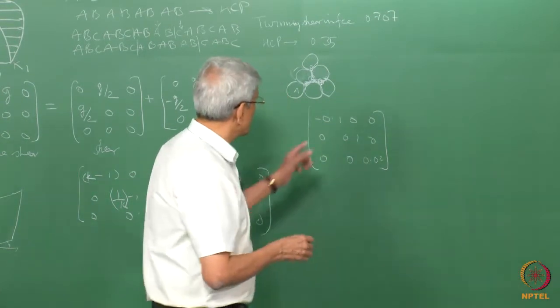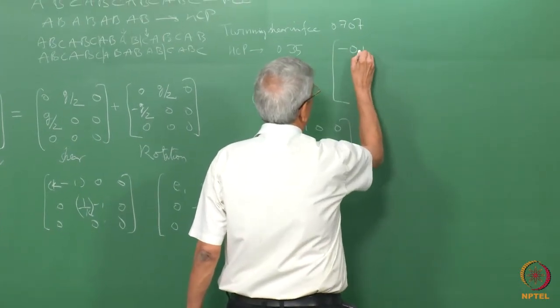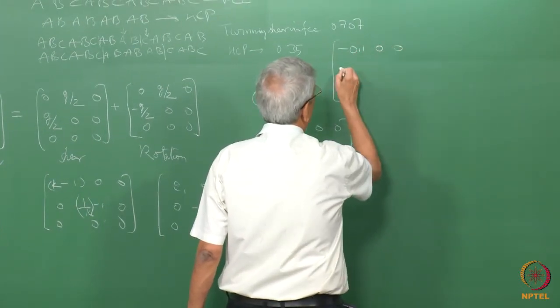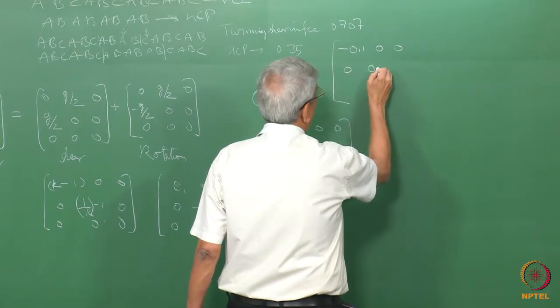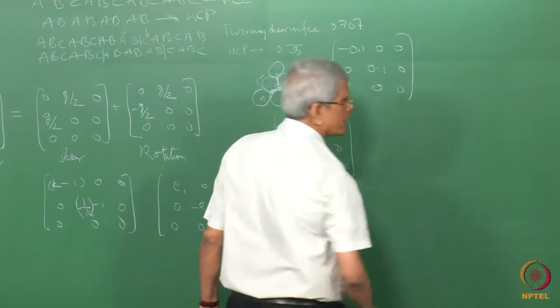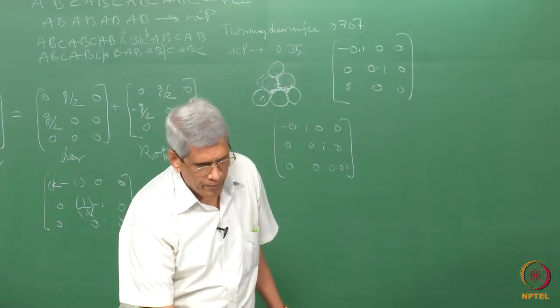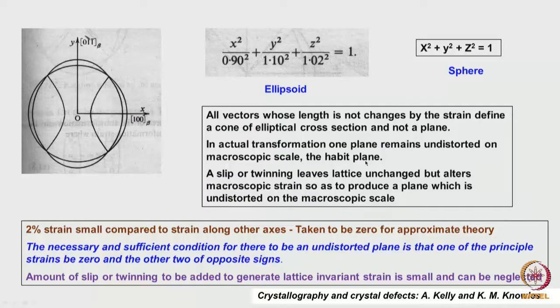Then the strain matrix can be changed to this form, and once it has been changed, it is very easy to handle. That is essentially what is mentioned here: 2% strain is small compared to the other axes, taken to be approximately 0.